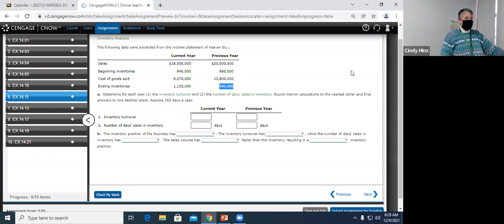The ending balance from the previous year would be the beginning balance for the current year. So let's calculate our average inventory for the current year: 1,120,000 plus 940,000. Make sure you do that addition before you divide by 2.